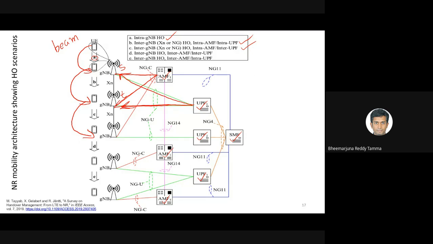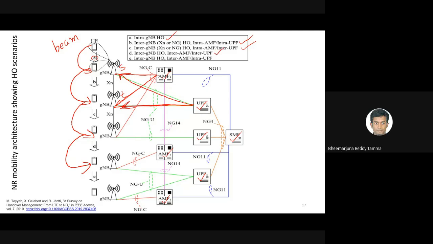Now look at the next case, case D. What is happening in this case? Different AMF, different UPF. All of them change. The gNodeB also changed.